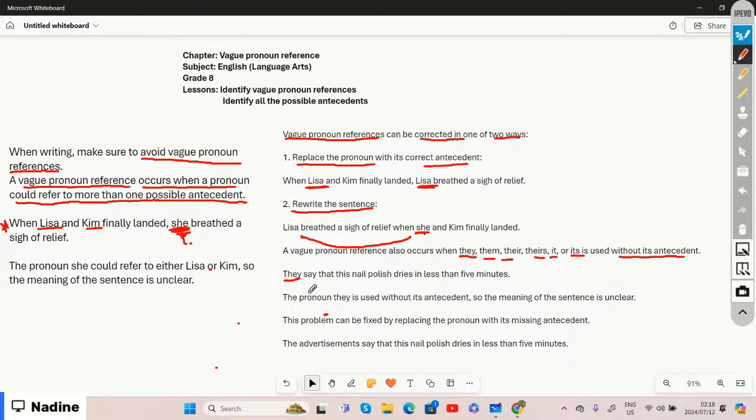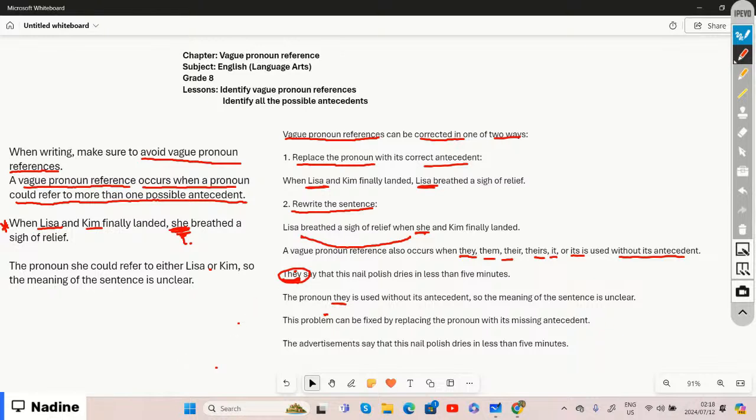This pronoun, they, is used without an antecedent. So that sentence is not clear. And we can fix that problem by replacing this pronoun, which is they, with a missing antecedent.